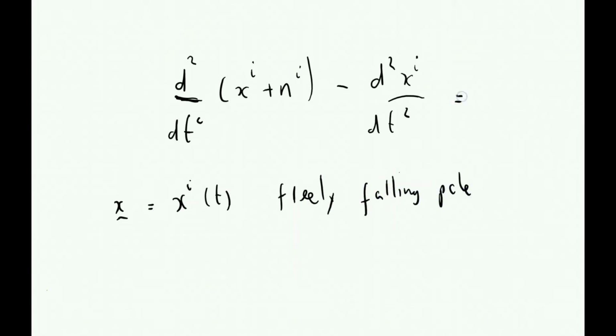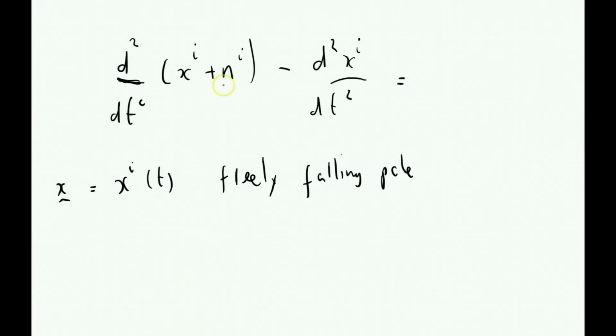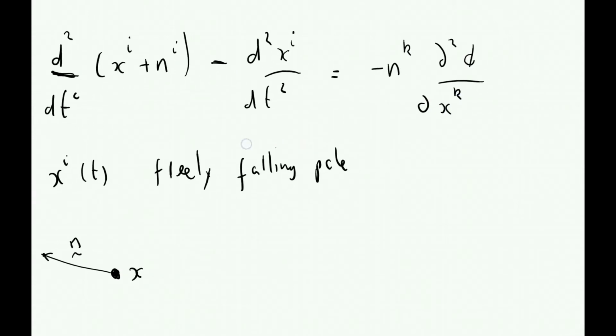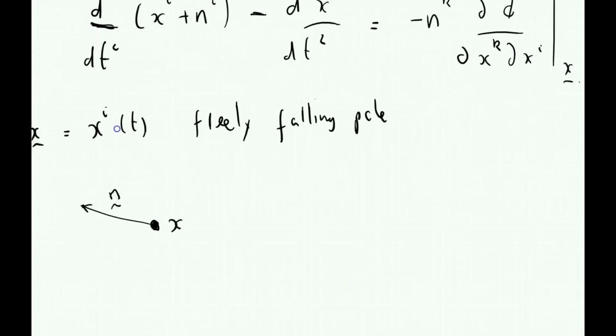And we know that the difference between x, so we've got the freely falling particle here, we've got another particle here which is also freely falling at separation n, and the relative acceleration, because we're subtracting out the acceleration of x, is equal to minus nk ∂²φ/∂xk∂xi, summed over k of course, evaluated at position x.